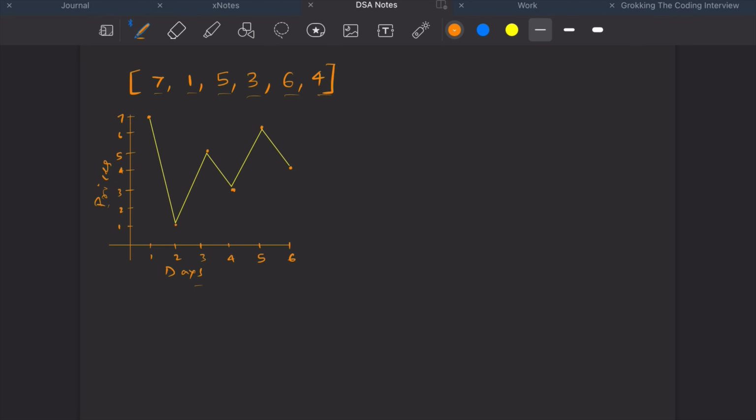We can check if there is a greater profit than the existing profit we already have in our variables, and we check if this is the minimum value of a stock we've already seen. Let's look into a simulation of that solution.